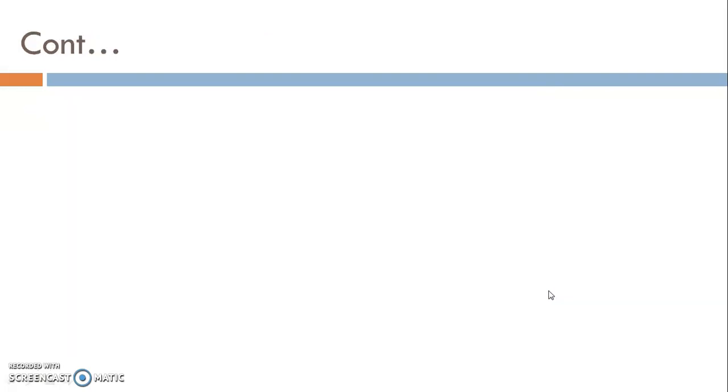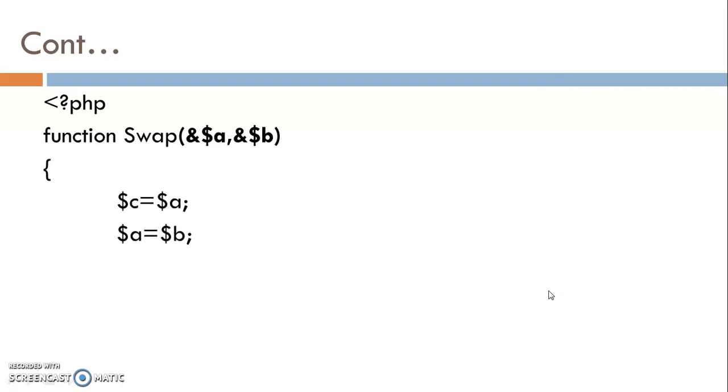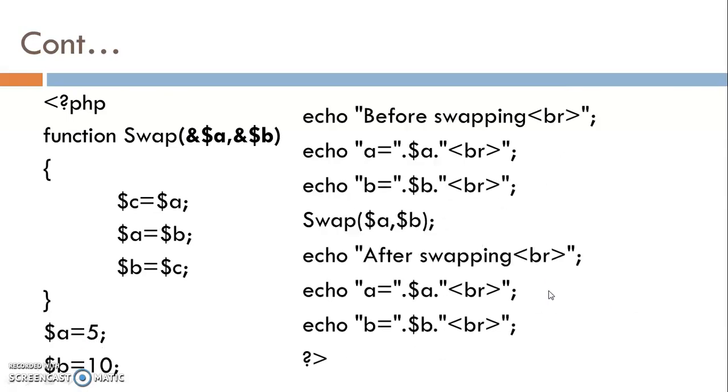Okay. Now let us see one practical, the same practical of swapping two numbers. So I write here the same code, function swap $a $b, then the swapping logic, then the same two variables a and b are used, and the same code.